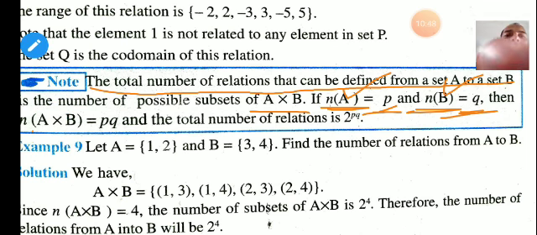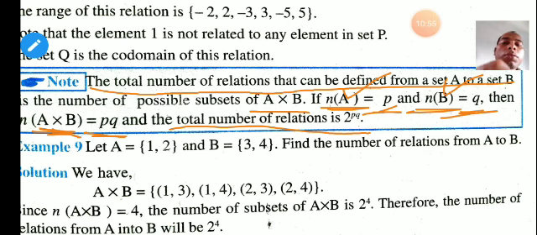Then n(A cross B) will be p into q. That means the total number of elements will be pq, but the total number of relations will be 2 to the power pq. That we have to remember.